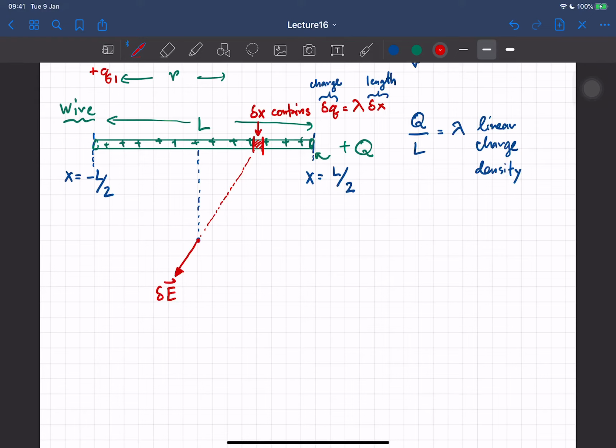Another thing we can do, and this is usually the case when we solve physical problems, is that there's something in the problem that simplifies our calculation. Sometimes it's obvious, sometimes it's not.